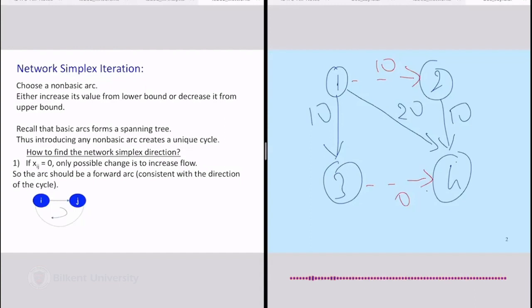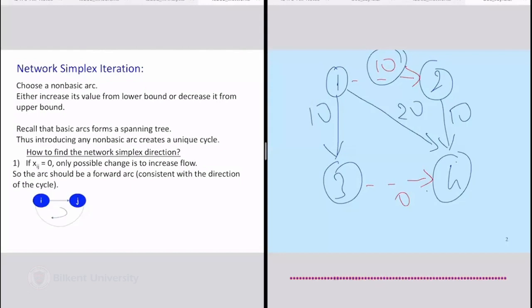Do they want to enter the basis? Is it better if I have them with different values? Because I cannot immediately say I'm going to increase the value, because this one is at the upper bound. I cannot increase its value. I have to be very careful at each iteration. All right, so I'll check.